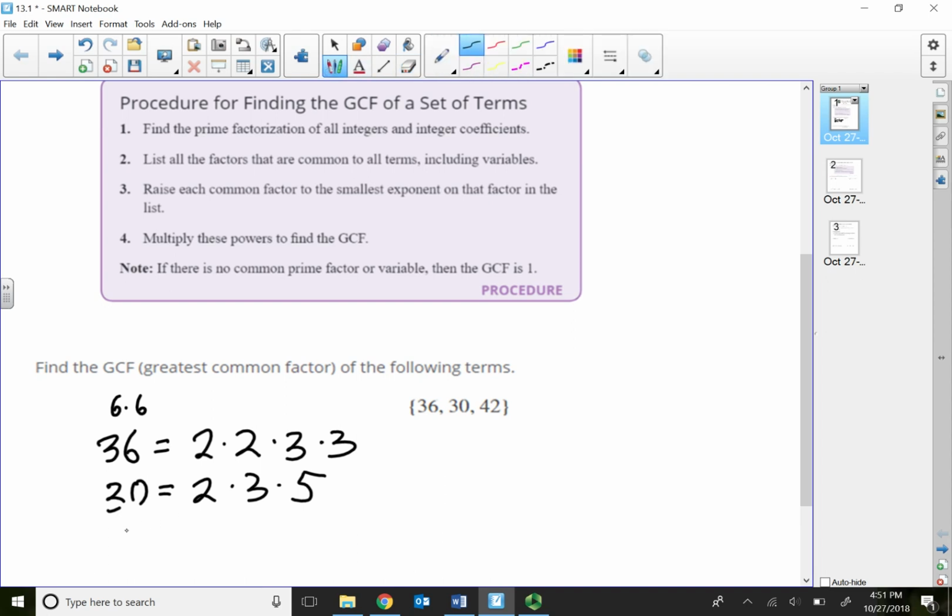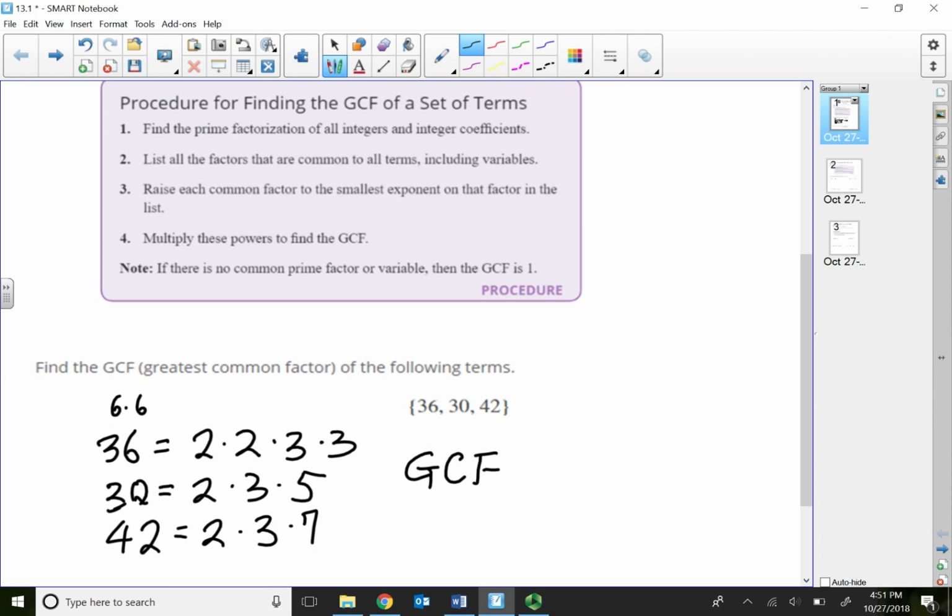What times what is 42? 6 times 7. We know 6 is made out of the prime numbers 2 and 3, then times 7.